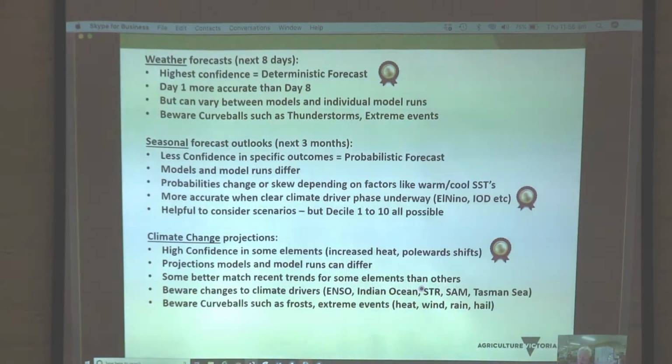And same with the Indian Ocean dipole. The last 20 years we've had a lot more dry phases of the Indian Ocean dipole than wetter phases, and there's an open question there about what's happening with extra heat that's sitting in the central western part of the Indian Ocean. So those sort of things have potential to be pretty important, but they're probably not well captured.